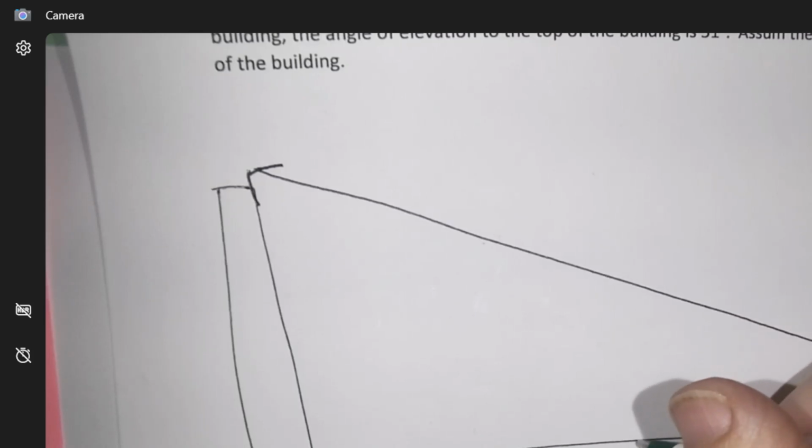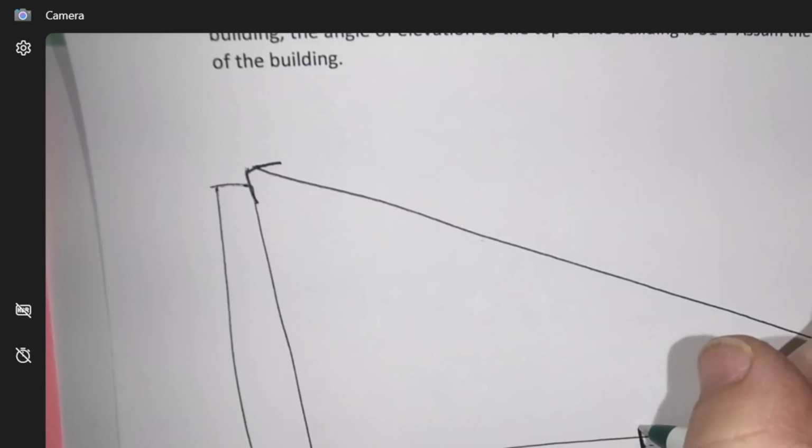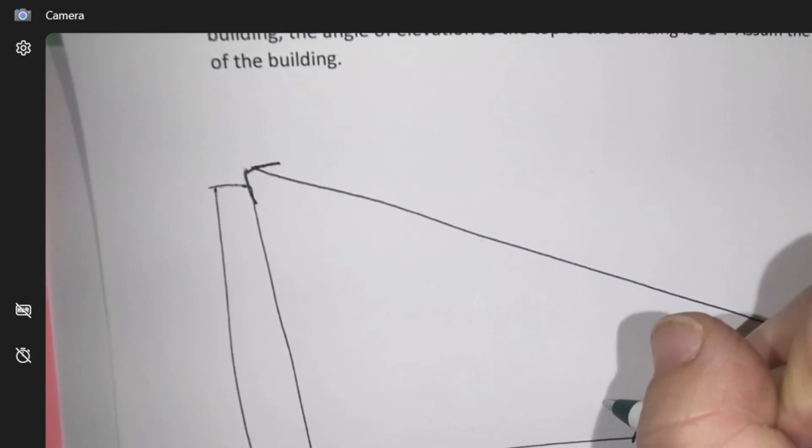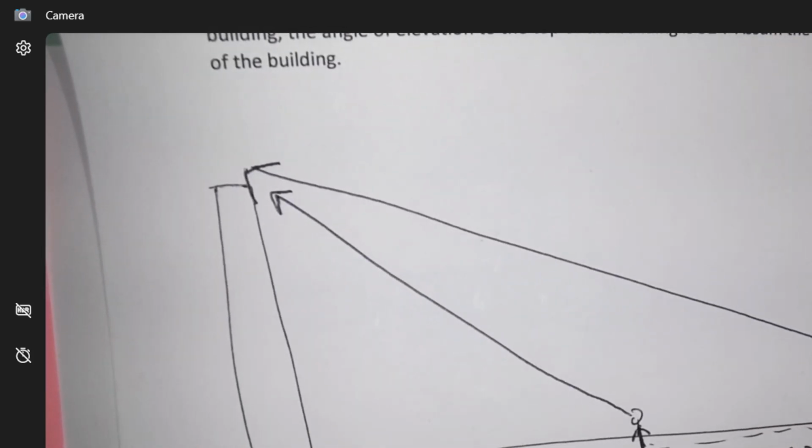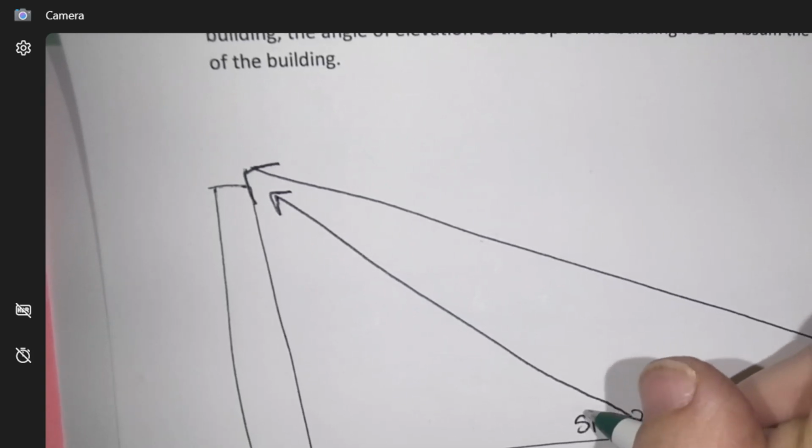From a point that is now 150 feet closer to the building, so I walk closer, now the angle to the top is 51.